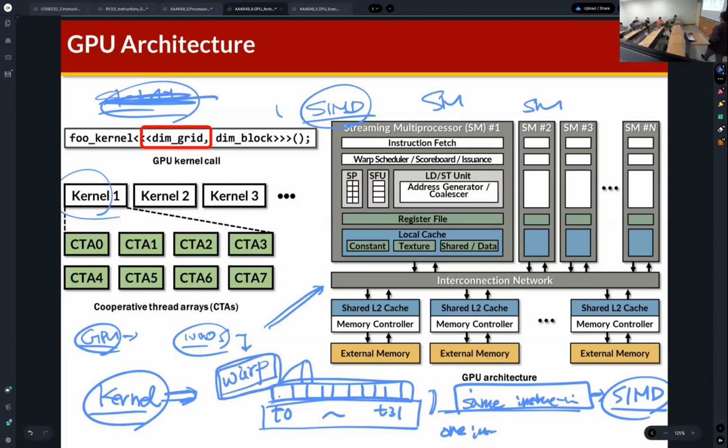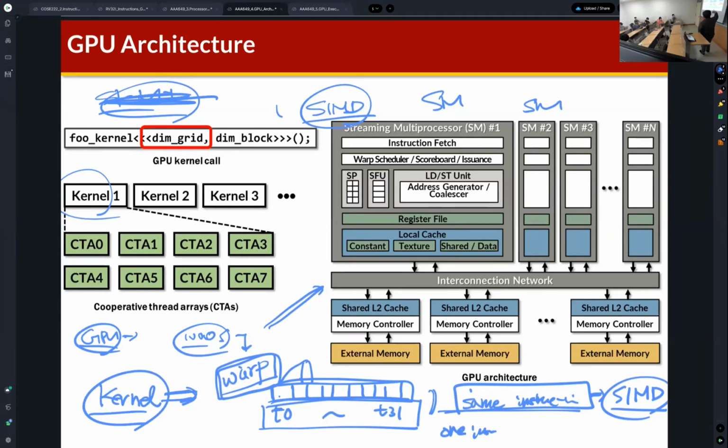That's why I said that a warp is similar to a vector type instruction. Why? Because these threads share the same instruction, so we can merge these instructions into one single instruction, and just the data are different. A simple SIMD processor just executes vector type instructions one by one. GPUs also execute warps one by one.